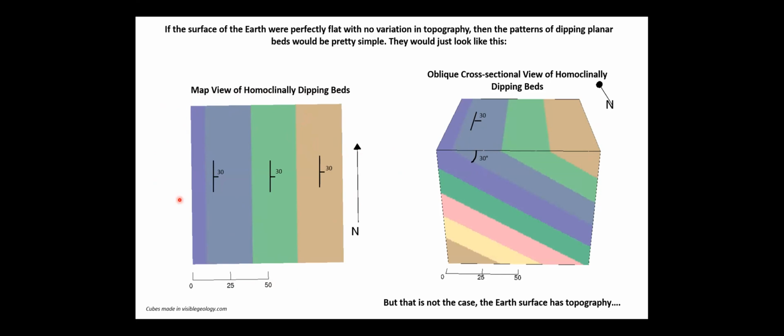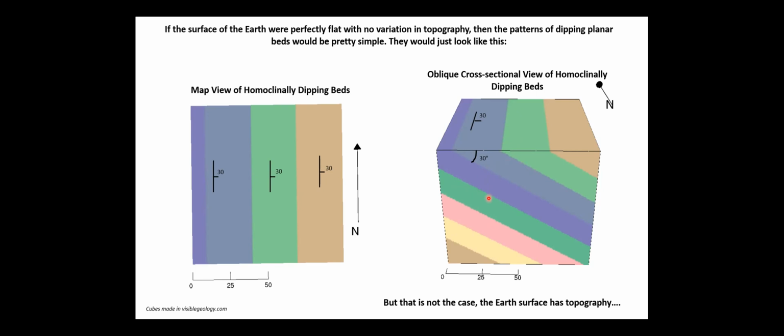It would be very simple. Our contacts would be perfectly straight lines, and those straight lines would be perfectly parallel to the strike of these layers. And in cross section, it would look like this plane I'm illustrating. But that's not the case.